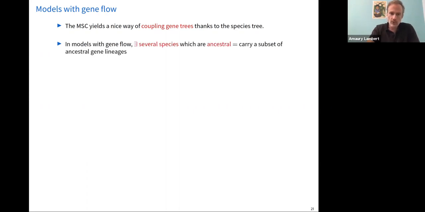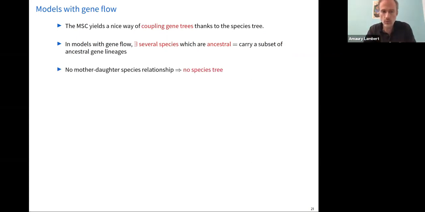But now in models with gene flow, there will be several species that are ancestral to a genome, in the sense that it carries a subset of the ancestral gene lineages, okay? Because your genes will travel into different species. When you follow the ancestral species of one single genome, you will find several ancestral species. And so this means that there's no such thing as a mother-daughter species relationship, and so there's no species tree. So we can't really use the species tree in order to couple the gene trees.